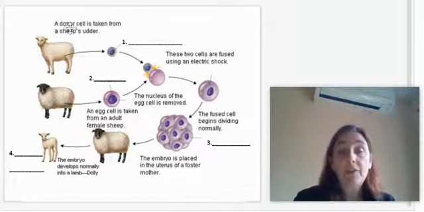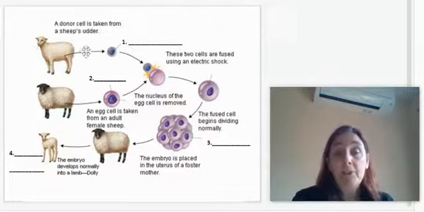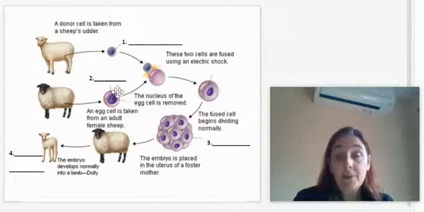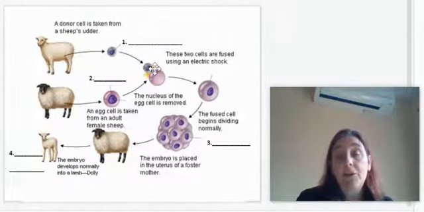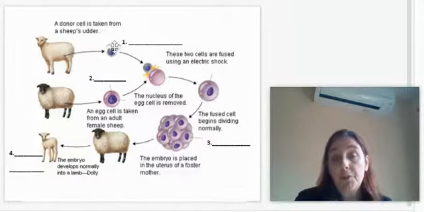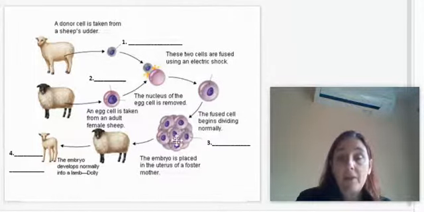If you take a look here, you have a donor cell that comes from this sheep, and we get a zygote from this sheep, and we combine them. Okay, we can take that egg and put in the nucleus from this donor sheep, give it all its DNA for how to make it, put it in that zygote, and let it divide by mitosis and grow and grow and grow.